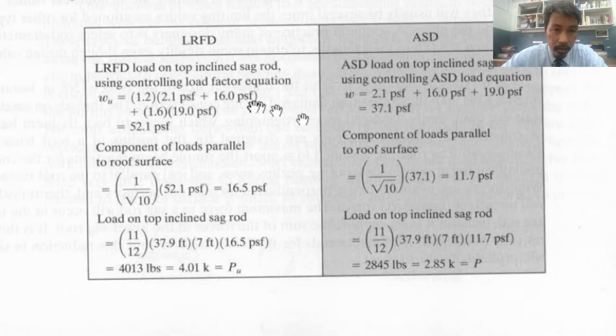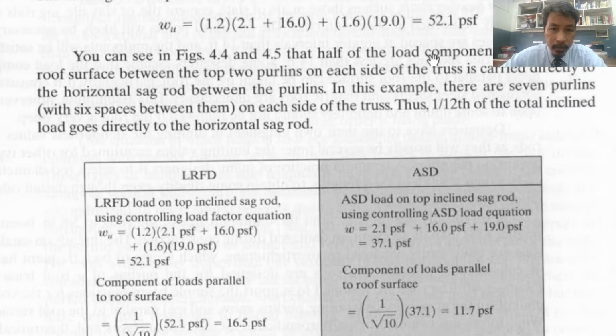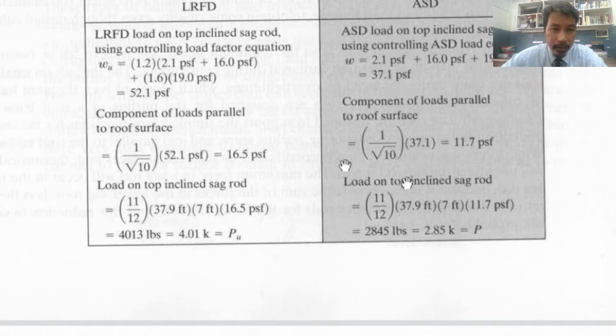So how to design sagrad, the same combination of load formula, then find out for LRFD and a different thing for ASD. Now, component of loads parallel to roof surface, then load on top, inclined sagrad, so corresponding.